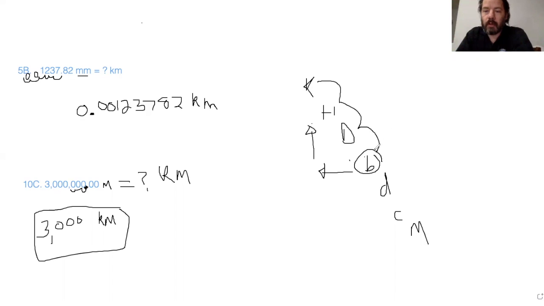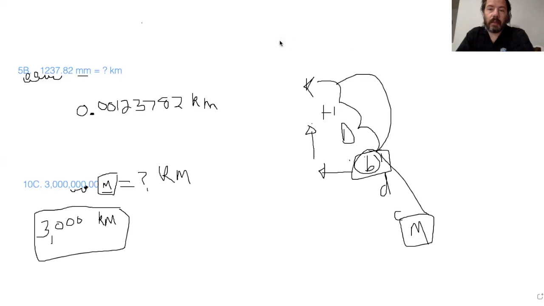Most likely you're not actually moving the decimal all the way. You're only doing one step, so you only do 1 instead of 3. Another is maybe you miswrote the starting unit. Maybe you picked milli when we're actually starting here. A couple people have done that, or vice versa.